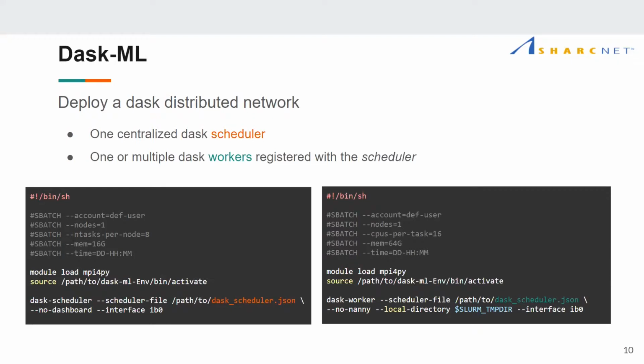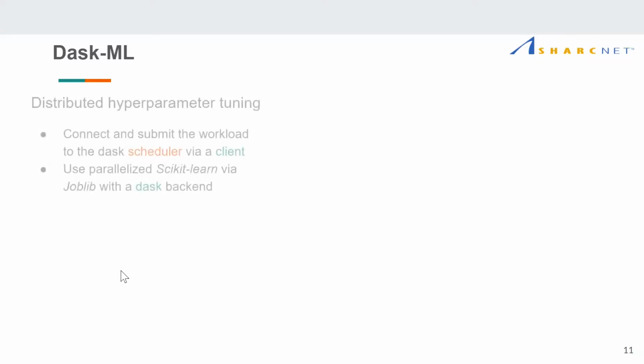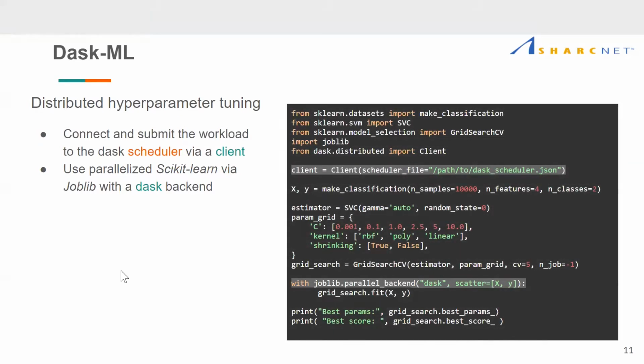After you have such a Dask network deployed, how do you feed the processing workload to the Dask scheduler? The last slide here provides an example of how to connect to the Dask scheduler and feed a Python workload for doing the hyperparameter tuning. There are two places that you need to modify and add to your previous Scikit-learn code.